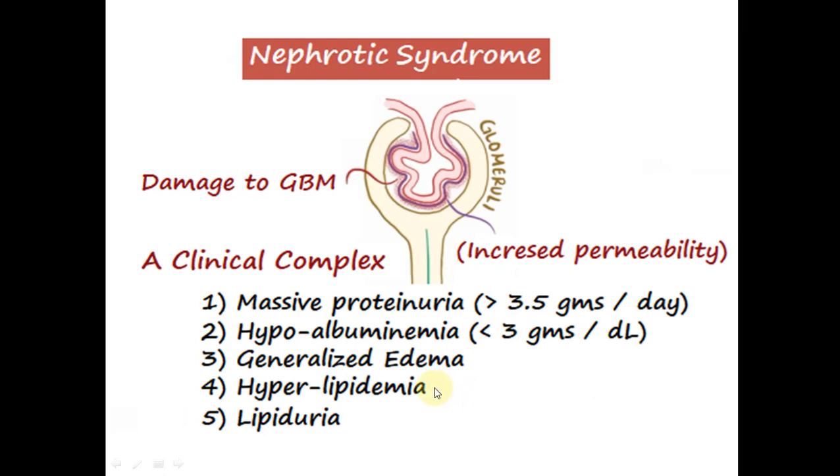Excess presence of lipids in the blood may cause lipids to leak out in the filtrate, and this condition is known as the lipiduria. Most of these lipids are reabsorbed by the epithelial cells of the proximal convoluted tubules, and accumulation of these lipids in the epithelial cells may lead to the oval bodies, lipids in these cells.